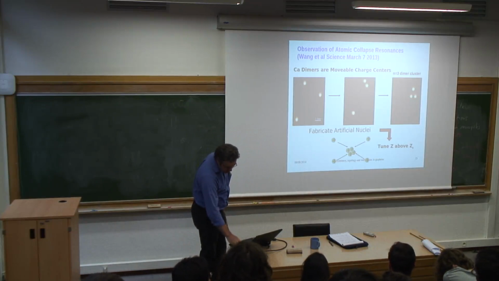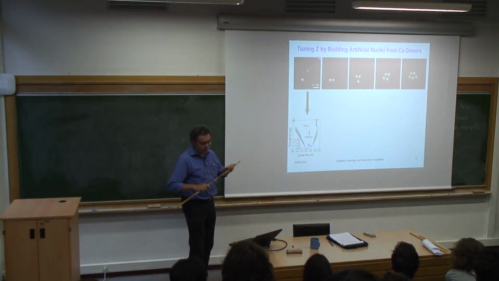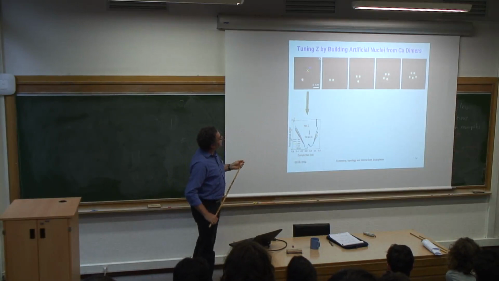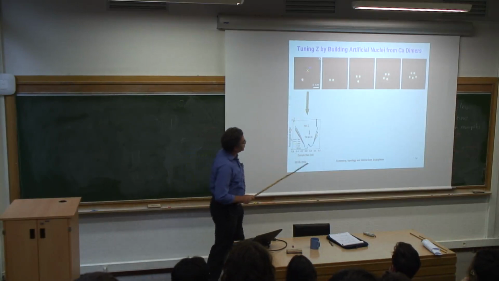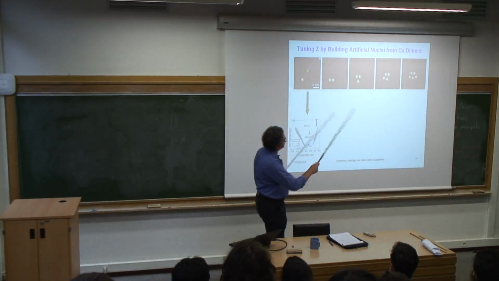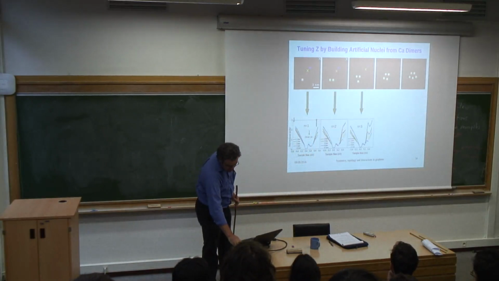And this experiment can go as large as 5, and then these charges start repelling each other, and these clusters are not stable anymore. But that's enough to, because on graphene the fine structure constant is of order 1, it's enough to go through the transition and see formation of resonances, and so we discussed that last time.